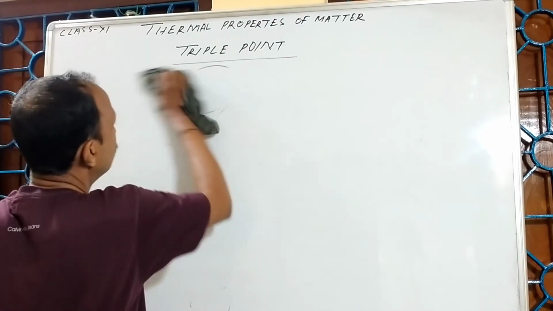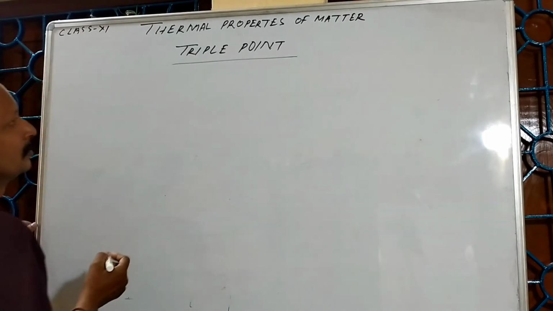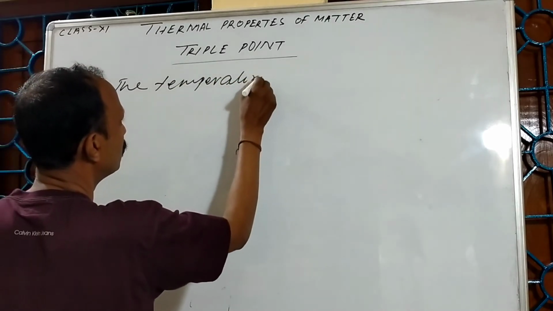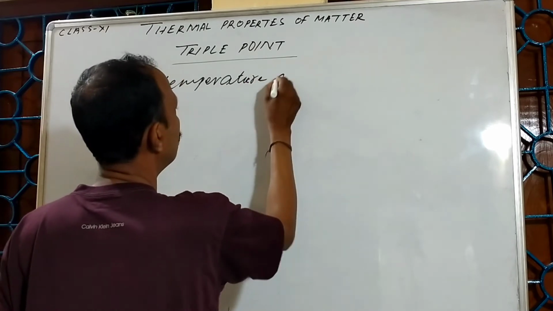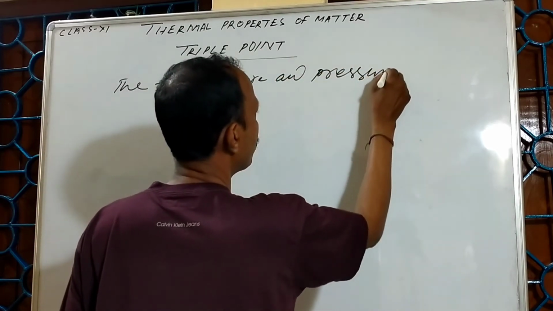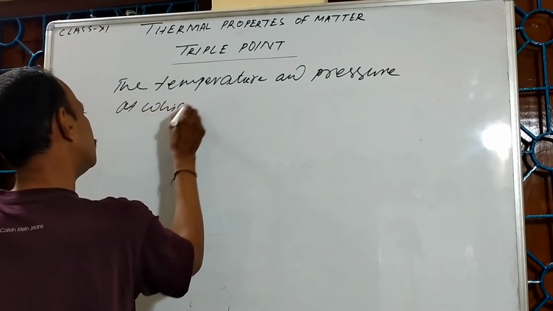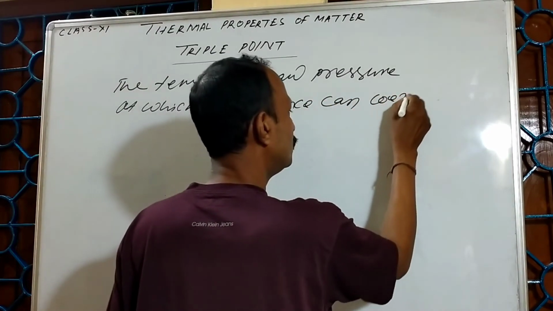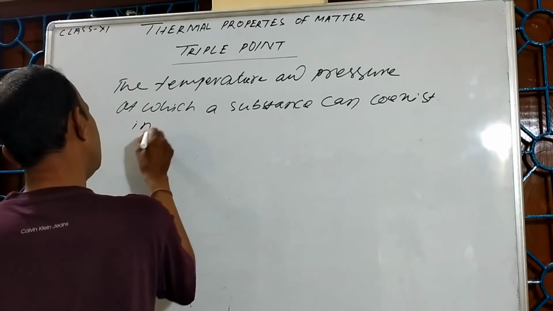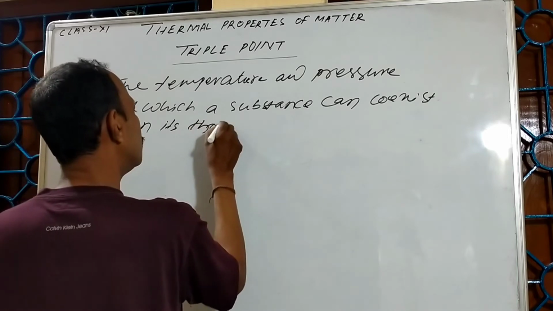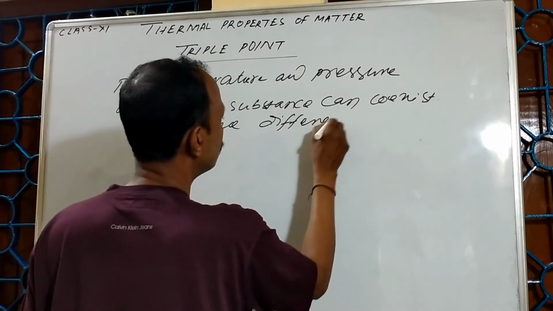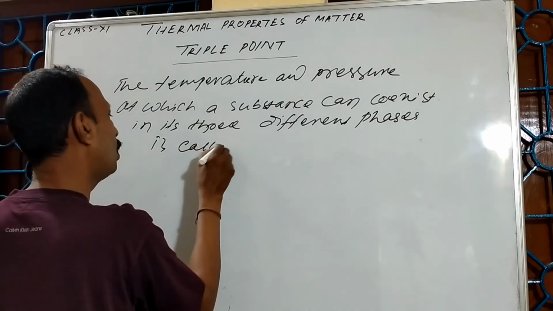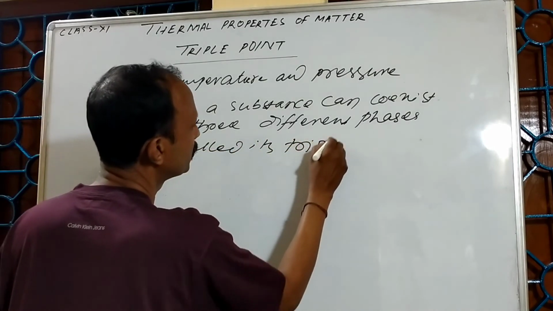I can say that the temperature and pressure at which a substance can coexist in its three different phases is called its triple point.